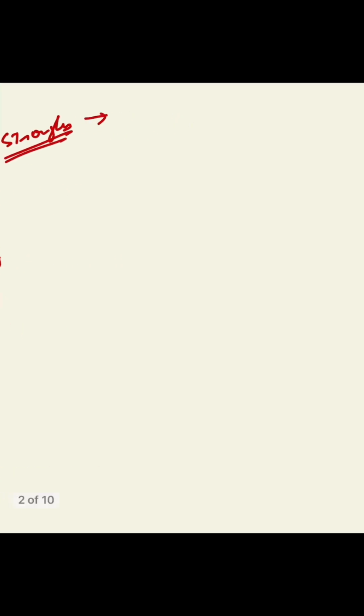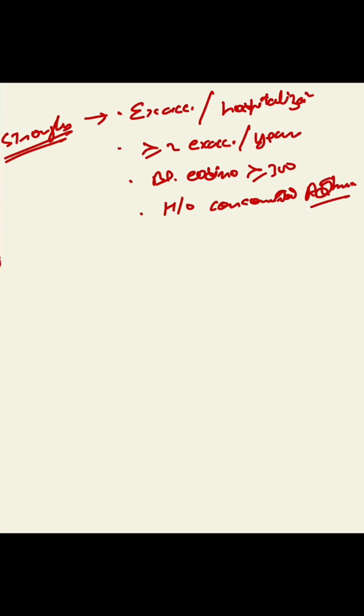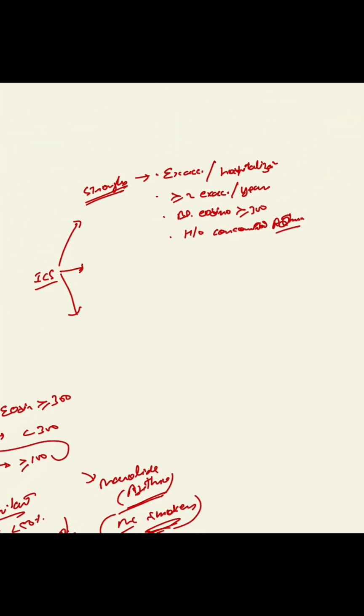It is strongly recommended in those patients who have exacerbations, as we have discussed, or a history of hospitalizations, or there are 2 or more exacerbations per year, that is the severe category, or the blood eosinophils are more than 300, or there is a history of concomitant asthma, that is overlap syndrome. So if these categories are there, ICS is strongly recommended.